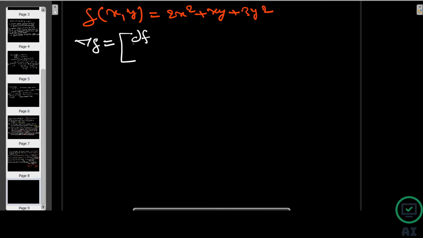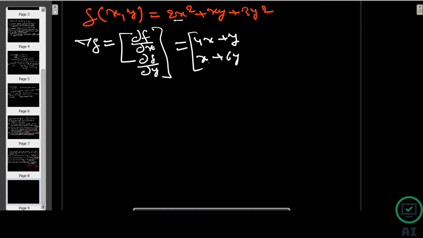Differentiate f with respect to x, and then partially differentiate with respect to y. If you differentiate with respect to x, we have to consider y as a constant. So this is nothing but 4x plus y, and the other one is x plus 6y.